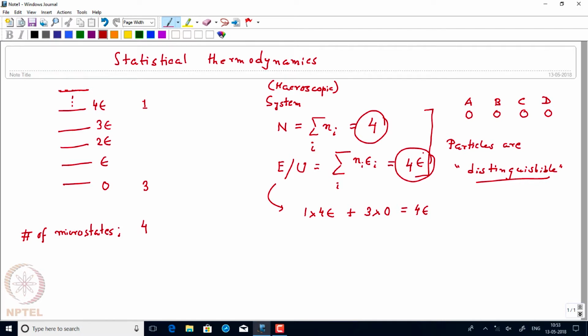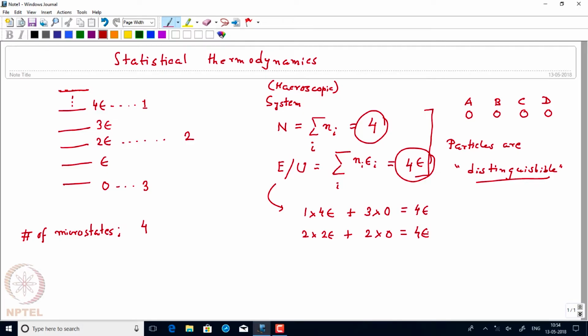Now let us say, can we have some other distribution? Of course, there are many distributions. For example, I can put two particles in energy level, let's say 2 epsilon, and then the total energy will be 2 into 2 epsilon, and to keep the total energy 4 epsilon, I have to keep the other 2 particles in the 0 energy level.